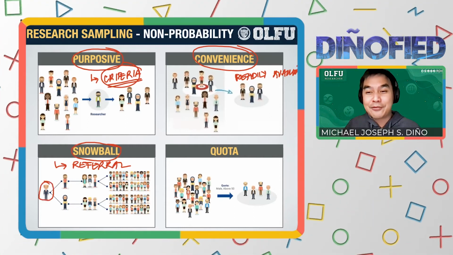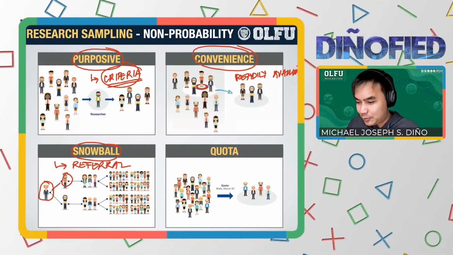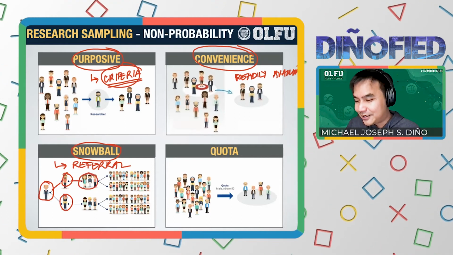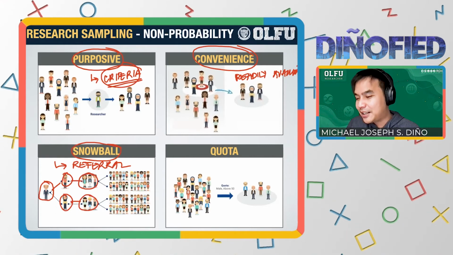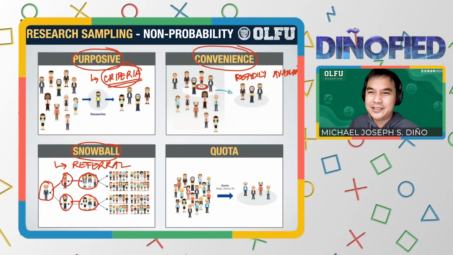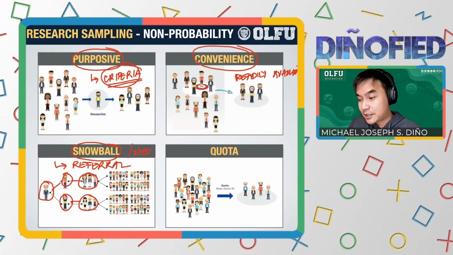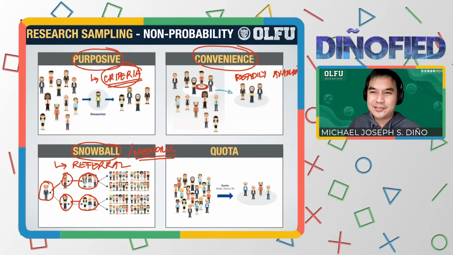Ang gagawin niya, magre-refer siya ng katulad niyang drug addict. Pipiliin mo siya. Then yung ni-refer niya, magre-refer din, at yung ni-refer ay magre-refer ng another set of population. So that is what you call snowball sampling.